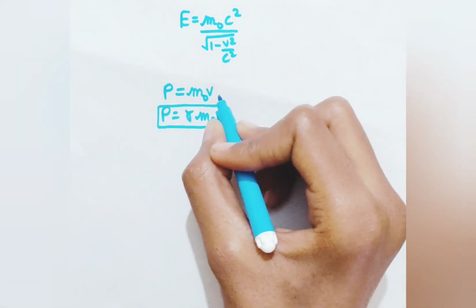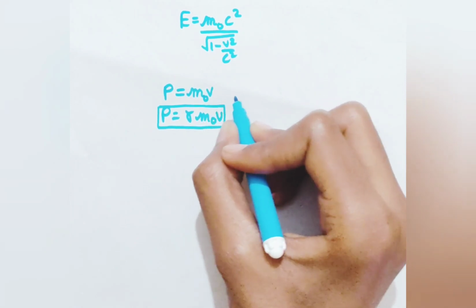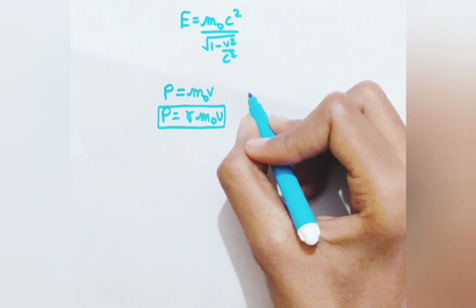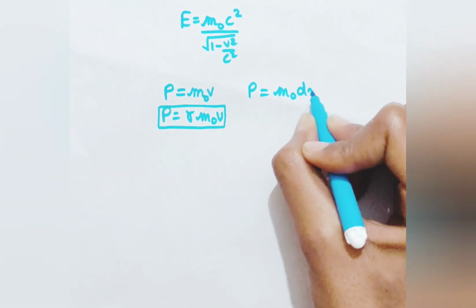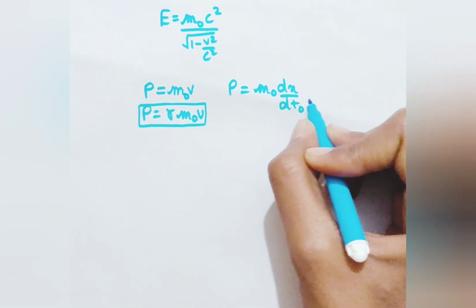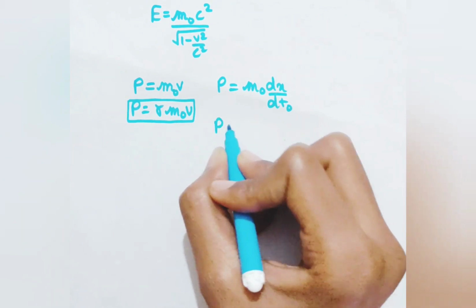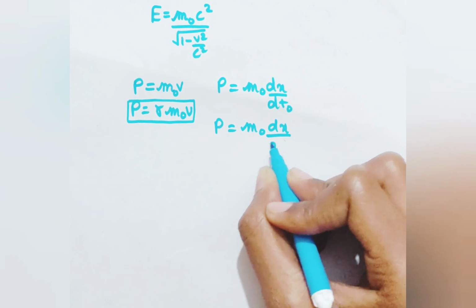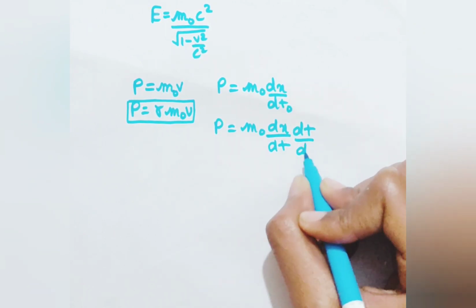So we know that momentum is the rest mass of an object multiplied by its velocity, and we can rewrite the velocity expression as m naught multiplied by dx over dt naught, where dt naught is the time that has elapsed for a stationary object. So we can use the so-called chain rule to rewrite this as dx over dt multiplied by dt over dt naught.